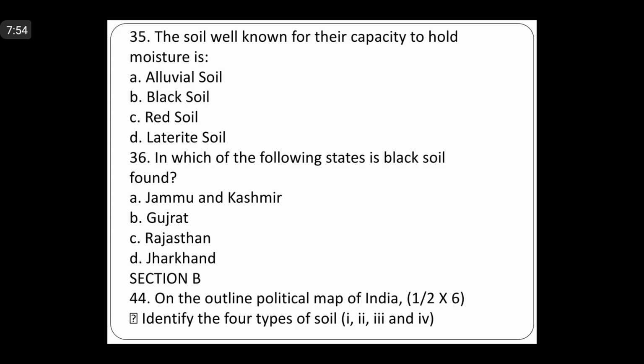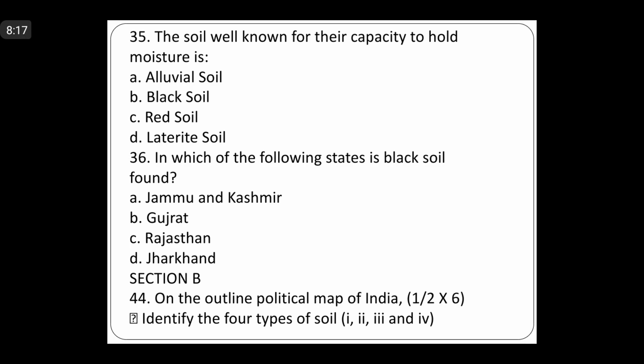Gujarat is a state where lava formation has taken place, and one more thing, black soils are found across Gujarat, Karnataka, and MP of the Deccan Plateau region. But as far as Gujarat is concerned, black soil is found in large quantity.